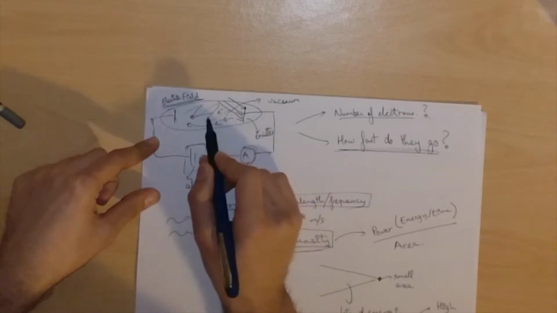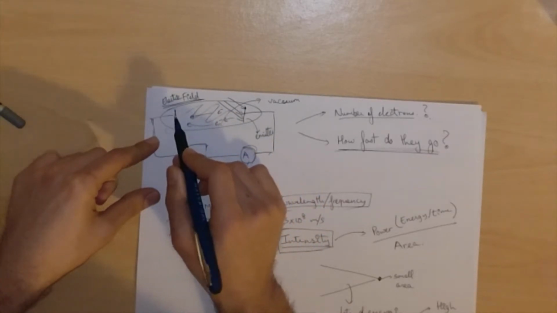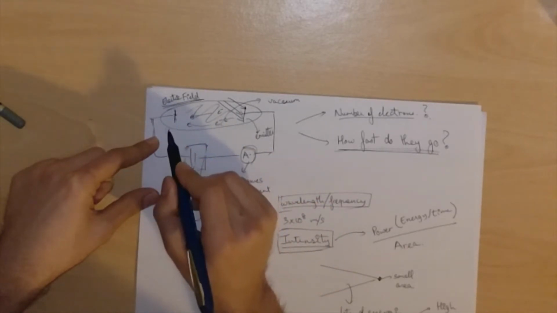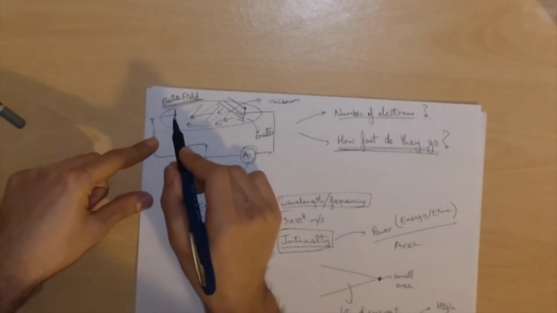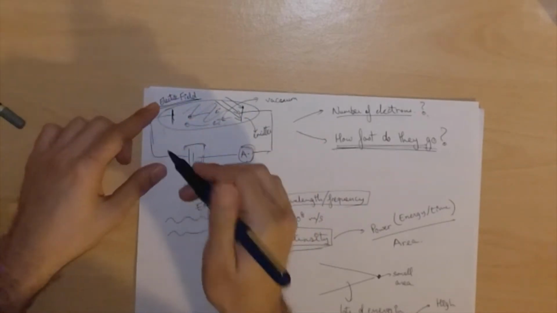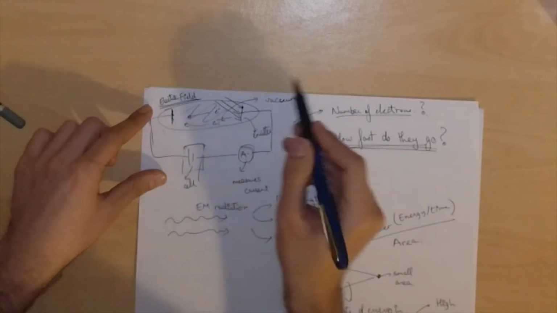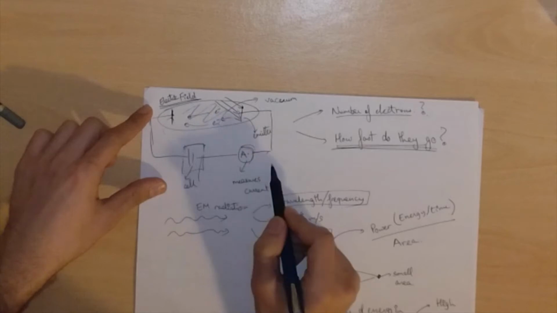So the electrons come out, they come close enough, but they never have enough energy to actually hit the plate, which means you won't see a current. And by recording that potential, you're actually measuring how fast they're going. Because if an electron's going fast enough, and if your potential is low, potential is the field that's stopping them, so the stopping force, if that's too low, then the electrons will just go right past. They will slow down a bit, but they eventually will reach the plate. And if they reach the plate, you'll record a current.